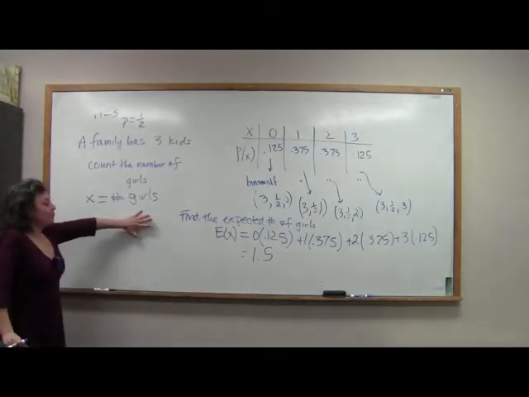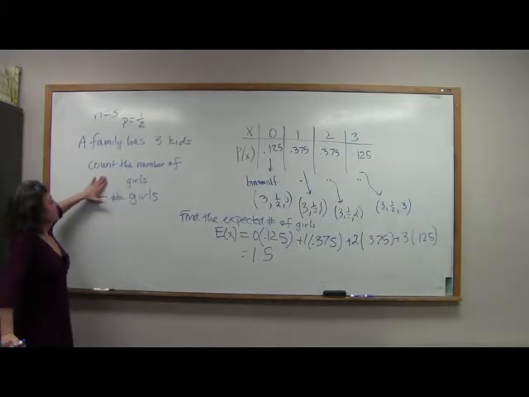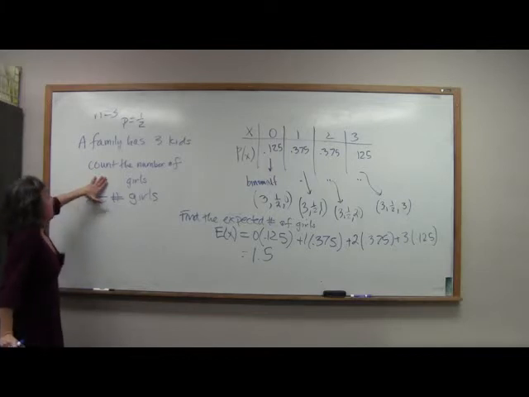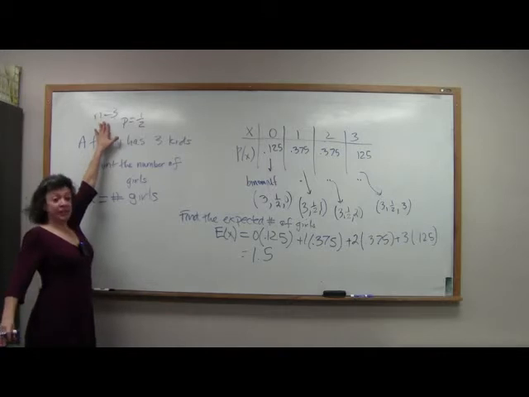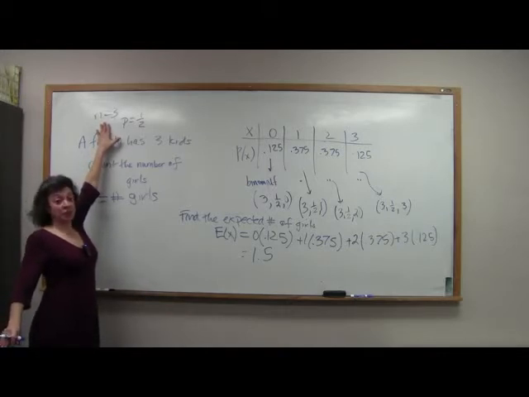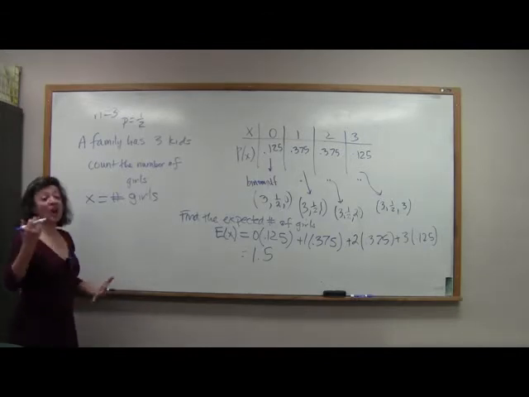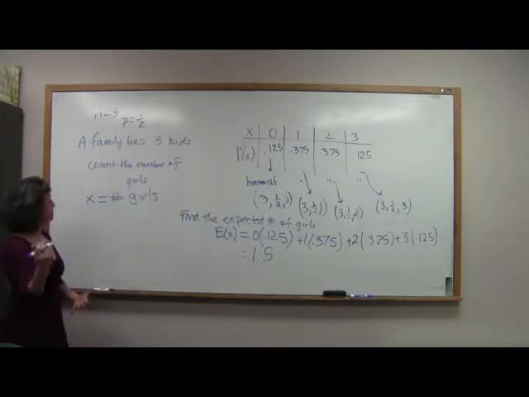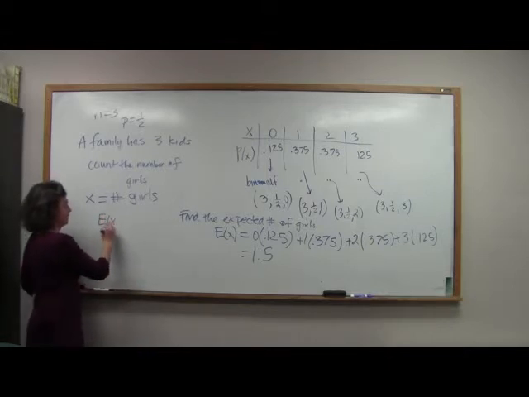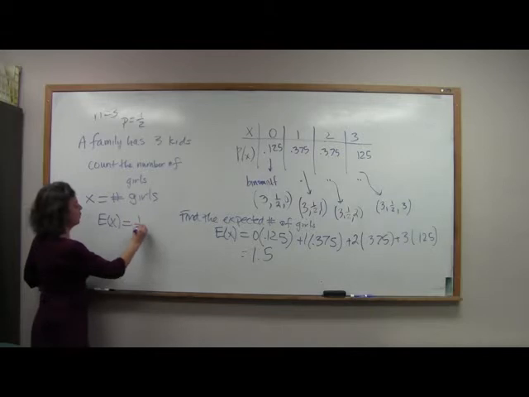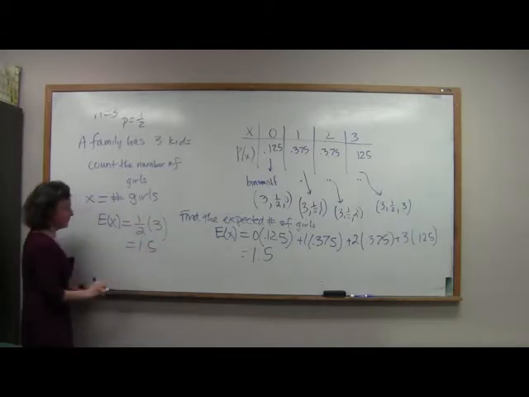If we have a binomial situation, wouldn't we expect that 50%, or half, of the 3 kids are going to be girls? Yeah, we would expect 1/2 of 3. And sure enough, isn't 1/2 times 3 equal to 1.5?